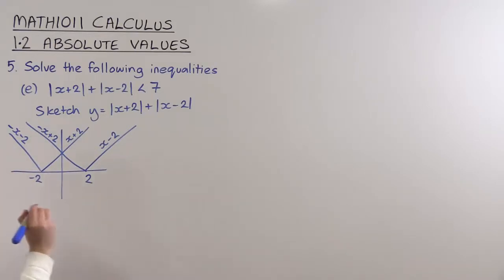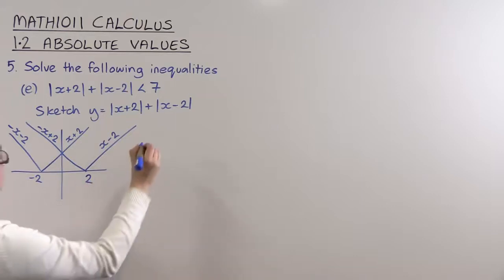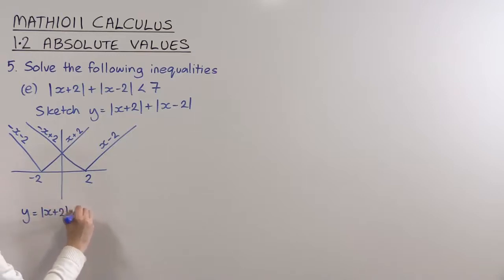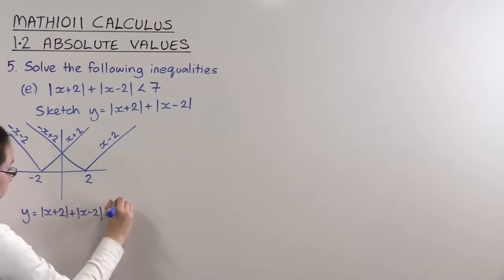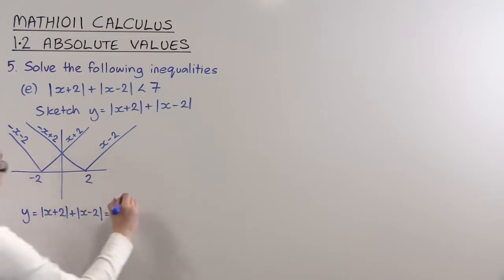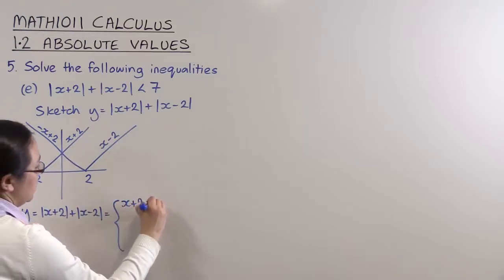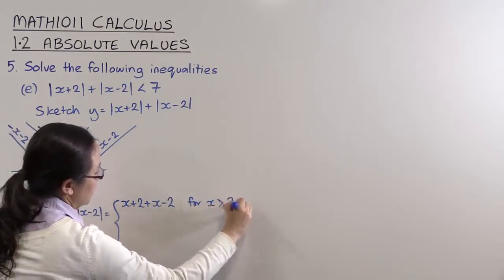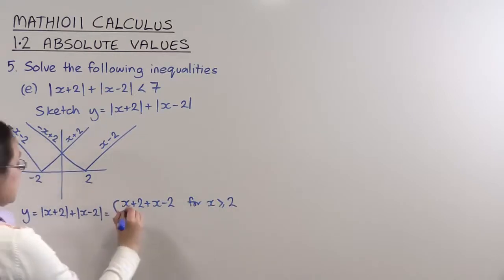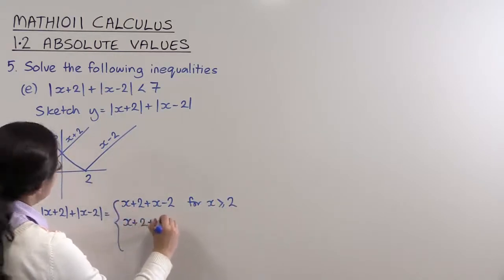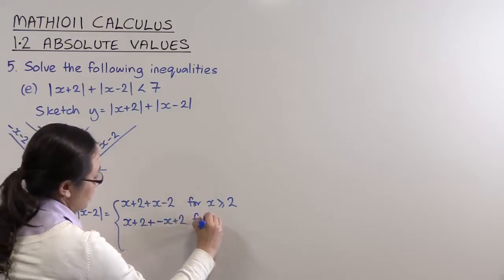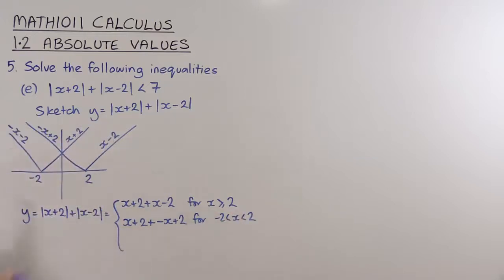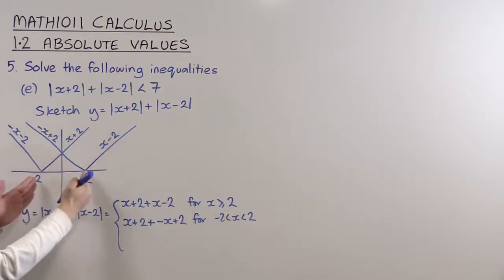So this graph here, y, which is the absolute value of x plus 2 plus the absolute value of x minus 2, really is x plus 2 plus x minus 2 for x larger than 2. And it's really x plus 2 plus minus x plus 2 for x between minus 2 and 2. So we're taking these equations, we're adding in between here.